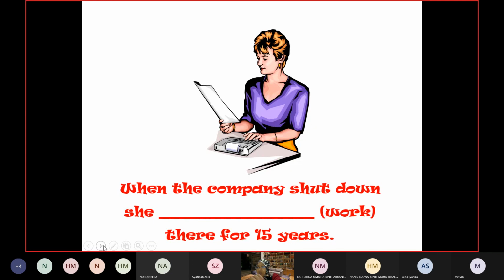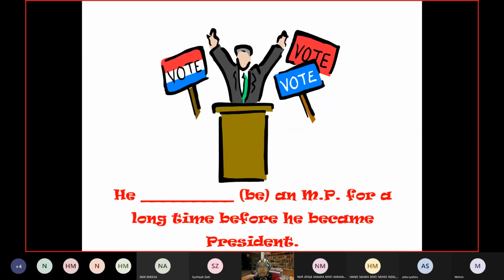All right, this one. She had been working. Yes, very good. She had been working sebab ada perkataan for 15 years. And last one. Apa jawapan dia? He had been.